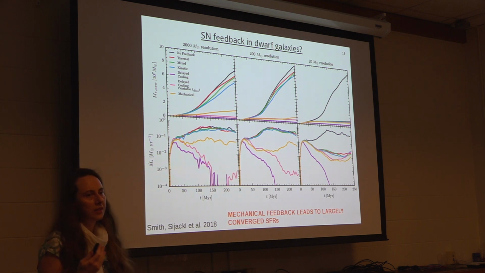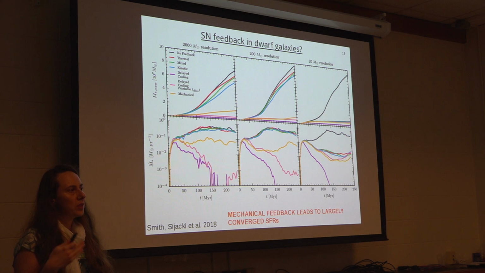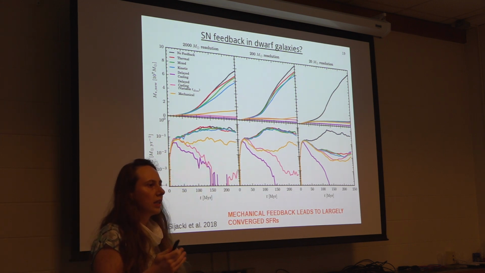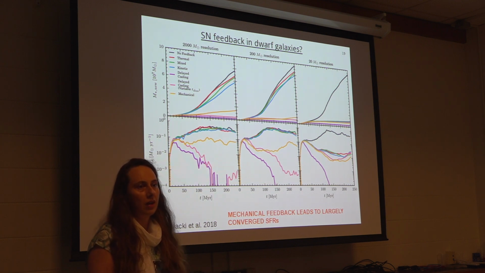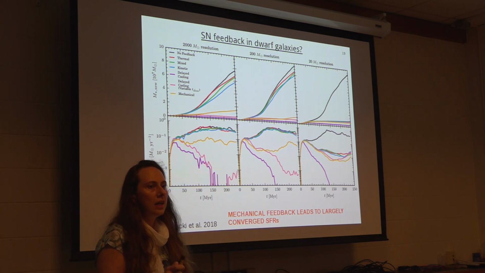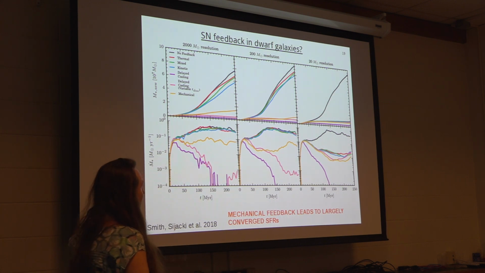So there are some characteristic scales, both in mass and spatial scales and in times, where we actually start to get rid of numerical overcooling in this simulation. It means that however you start dumping your energy in, you start doing the right thing. And that is telling us that we really have to worry about which physical scales we are resolving in simulations, and how we are doing things.